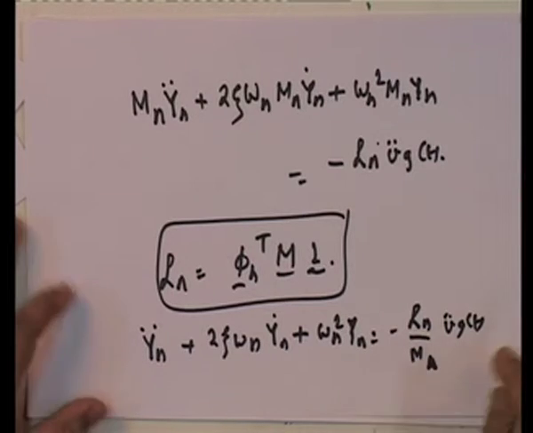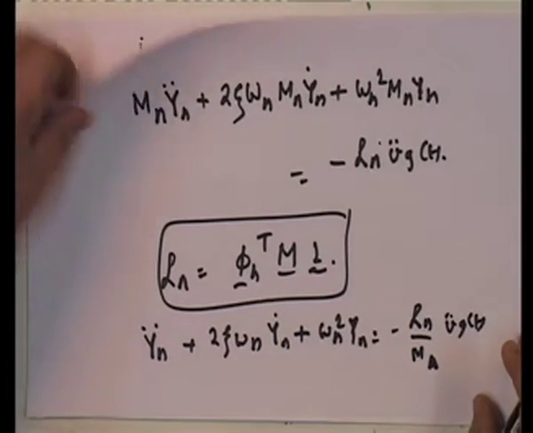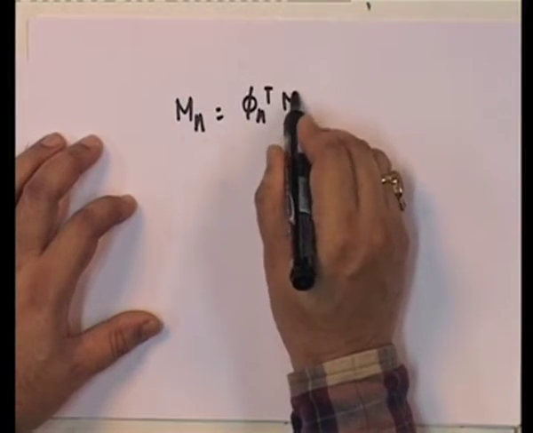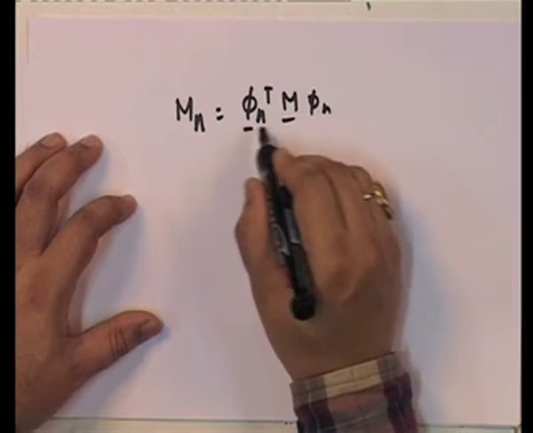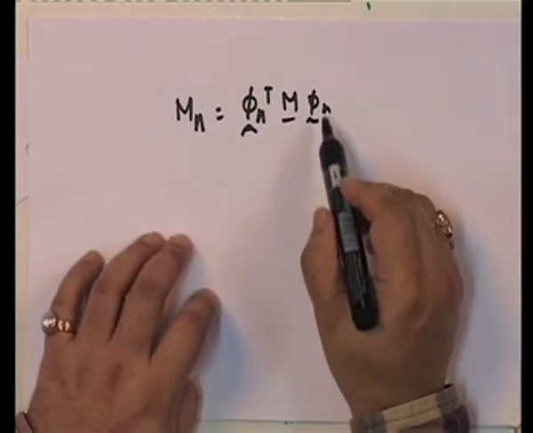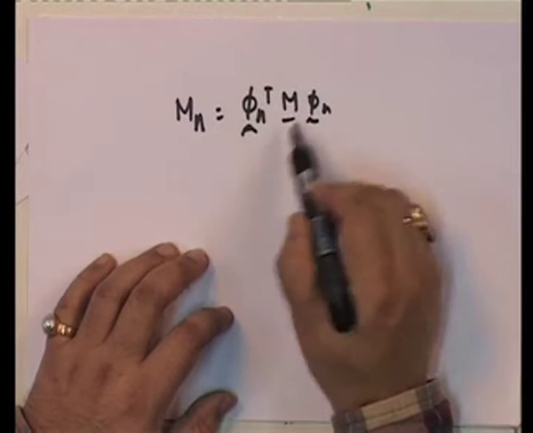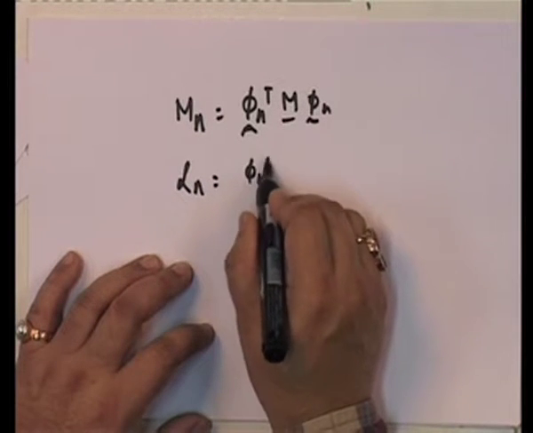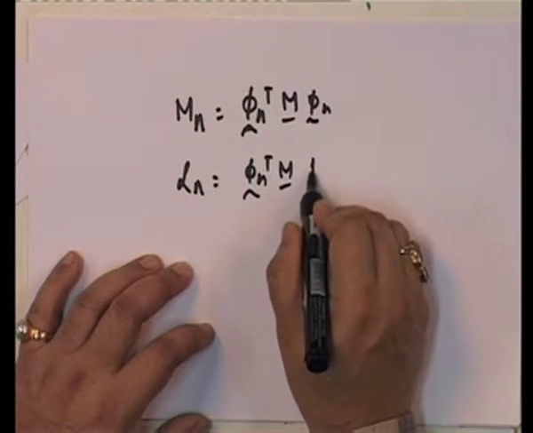And what is this Ln upon m n? This is very interesting. See why I did the generalized single degree of freedom. If you look at m n, it is equal to phi n transpose m phi n. And Ln is equal to phi n transpose m into 1.